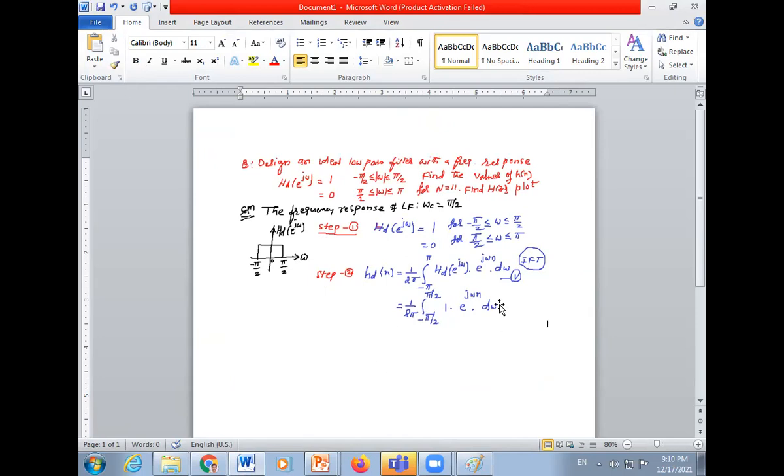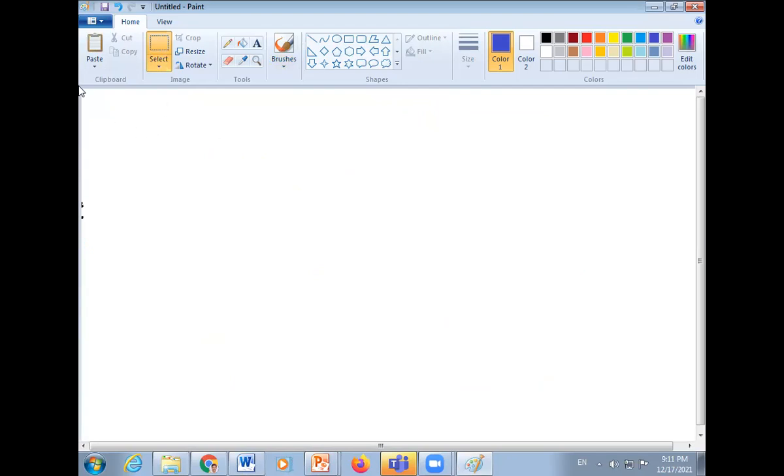Now simplifying this, we write the answer as Hd of n equals 1 by 2 pi as it is, and then the integral of e power j omega n, which is e power j omega n divided by j n, as we are integrating with respect to omega, with limits minus pi by 2 to plus pi by 2.